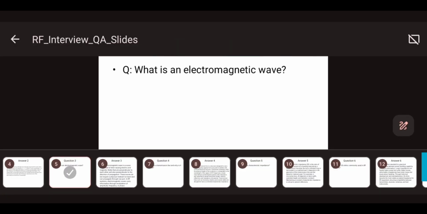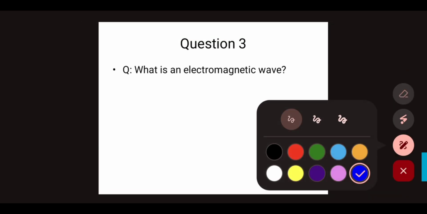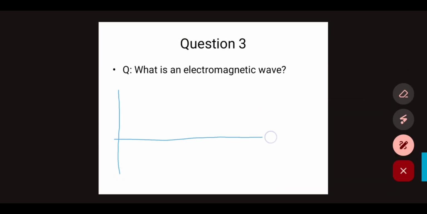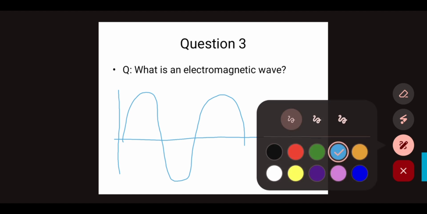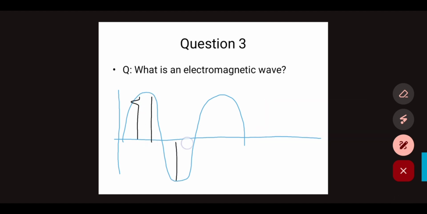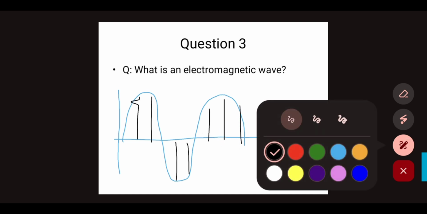Okay, so what's an electromagnetic wave? We all know what an electromagnetic wave is. An electric field in this plane, like this, and we have a magnetic field in this.